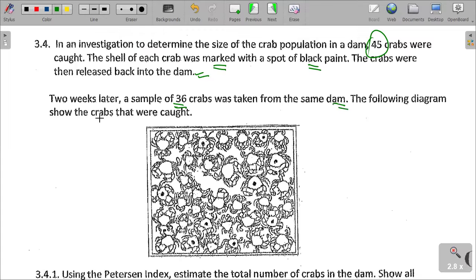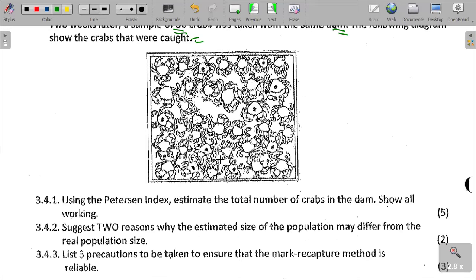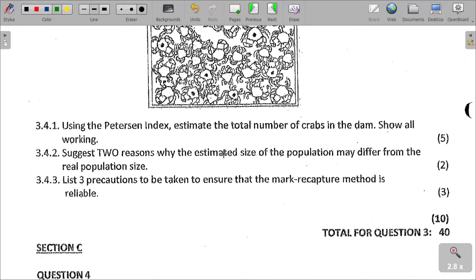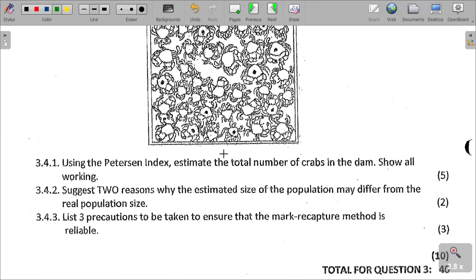The diagram shows the ones that were caught, and you can see the ones which were caught and marked and sent back into the dam. The question says, using the Peterson index, estimate the total number of crabs in the dam. Show all your working.